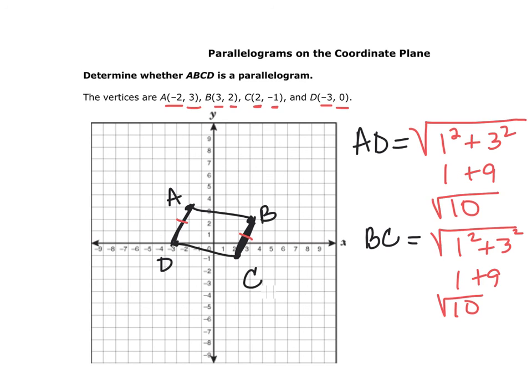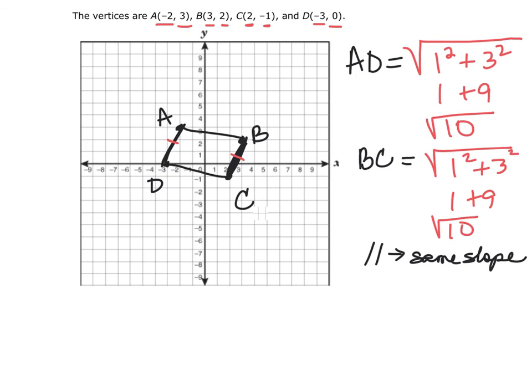So let's look at our slopes, because if they are parallel, then they would have the same slope. Okay, so the slope, we call m usually, of AD is up 3 over 1.